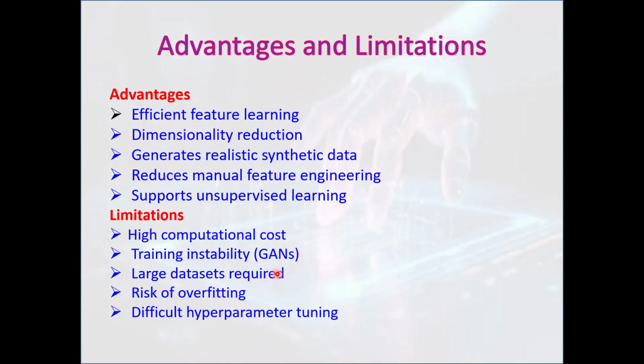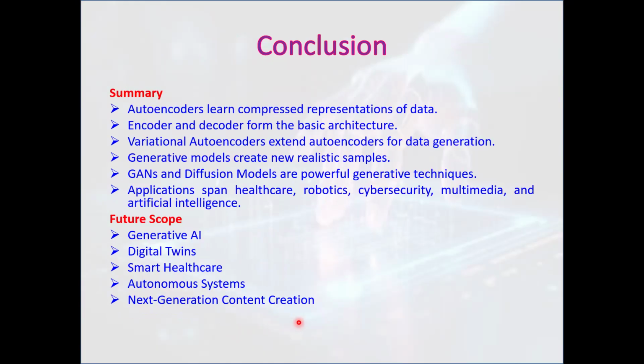And a large data set is required. High quality results typically require large and diverse data sets for effective training. And the risk of overfitting: another limitation is that models may memorize training data rather than learn general patterns, reducing performance on unseen data. And hyperparameter tuning is difficult. Selecting optimal learning rates, network architectures, and training parameters can be challenging and time consuming.